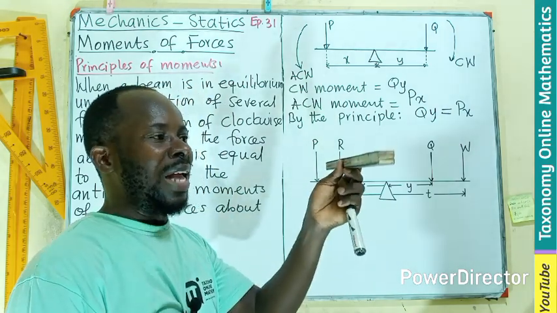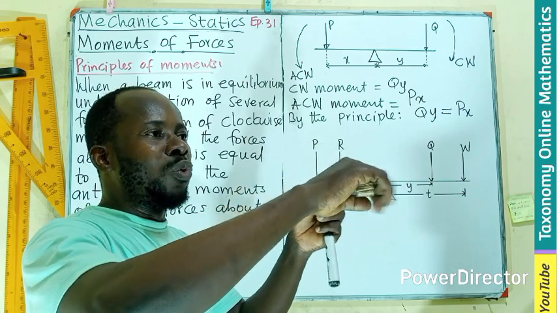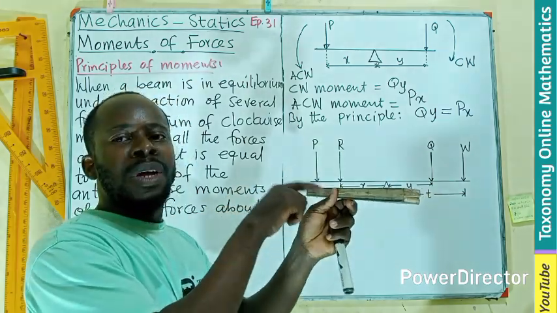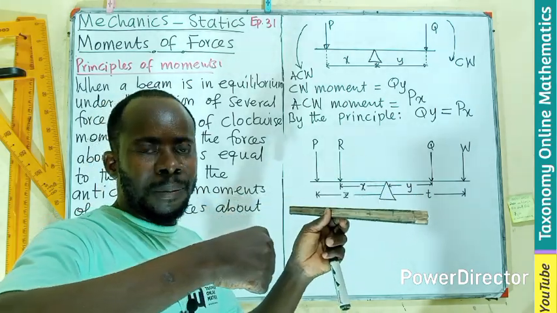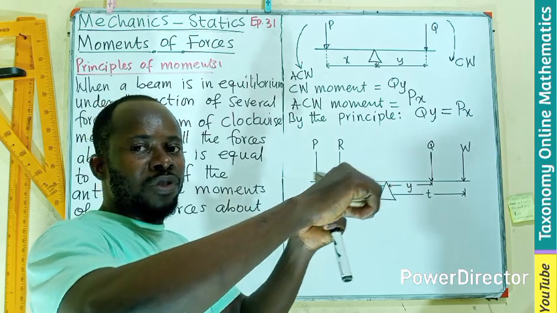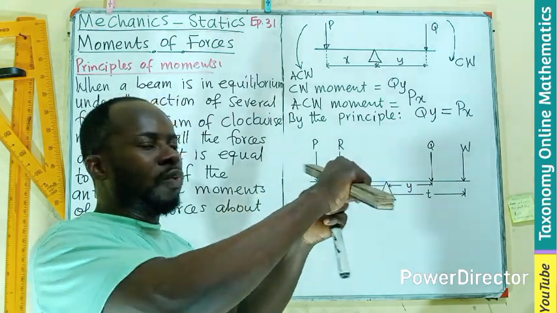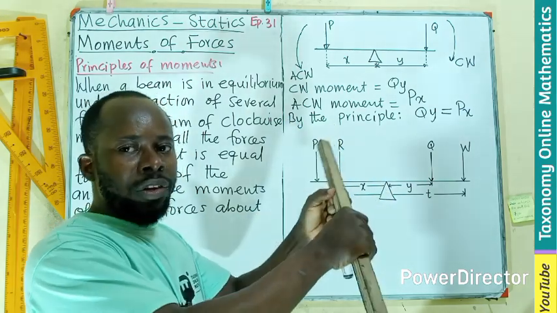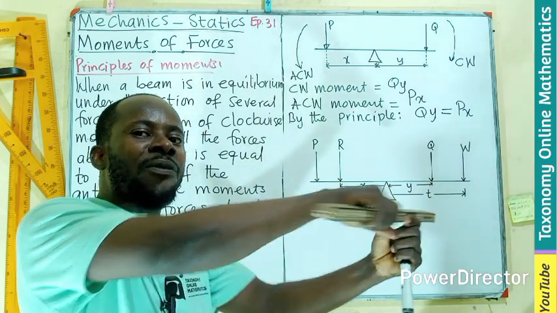If you have a spanner and you want to tighten or loosen a nut, wherever you hold, the distance that you are holding away from the nut determines the kind of turning effect you are going to have. If you hold far away, the distance is long, you need some small force to operate the turning effect. But if you hold it closer to where the nut is and try to open it, that means for the turning effect, we need greater force.